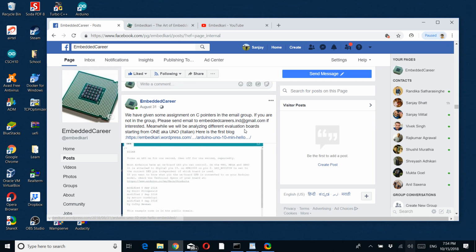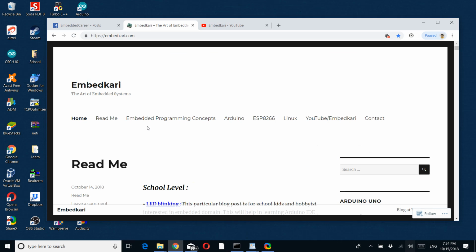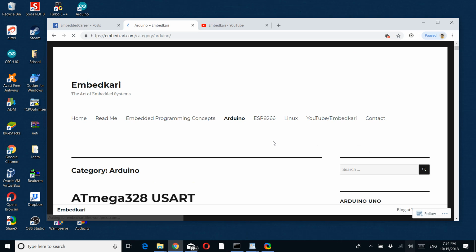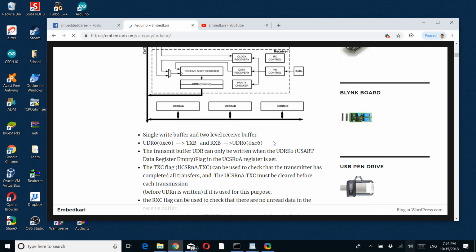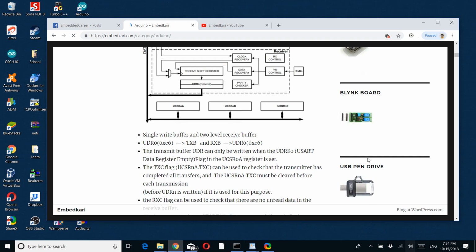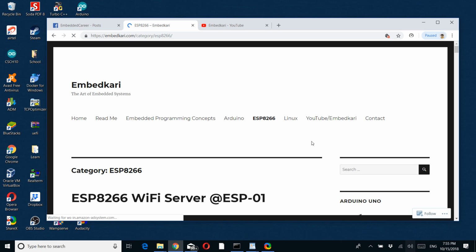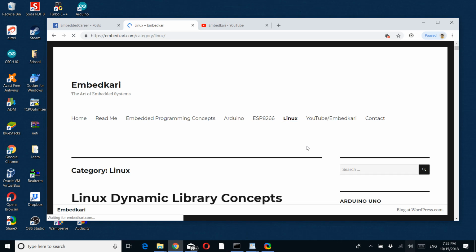Okay, so depending on your interest, you can browse through different categories of my blog pages if you like. And apart from that, on the right side you can see the board you want to go for, like ESP8266, and I am going to add something related to NodeMCU and other Python things.